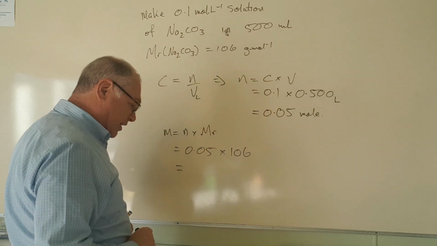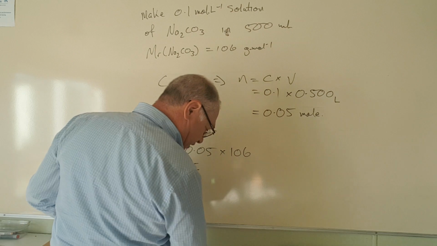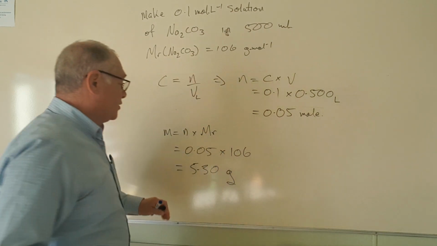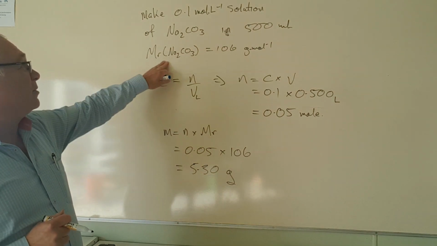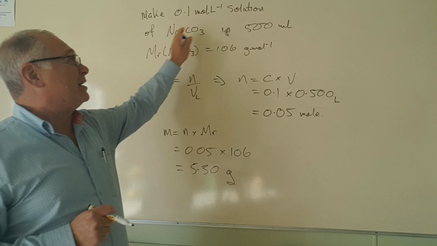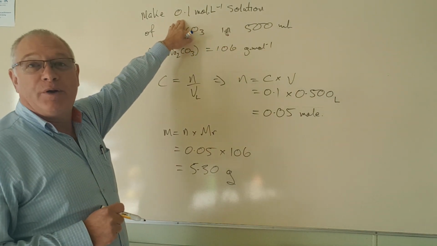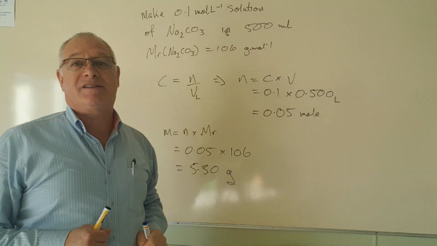When I multiply those together, I get 5.30 grams. So I'm going to have to dissolve 5.30 grams of my solid sodium carbonate in 500 millilitres of water to get a 0.1 mole per litre solution. This will be a primary standard.